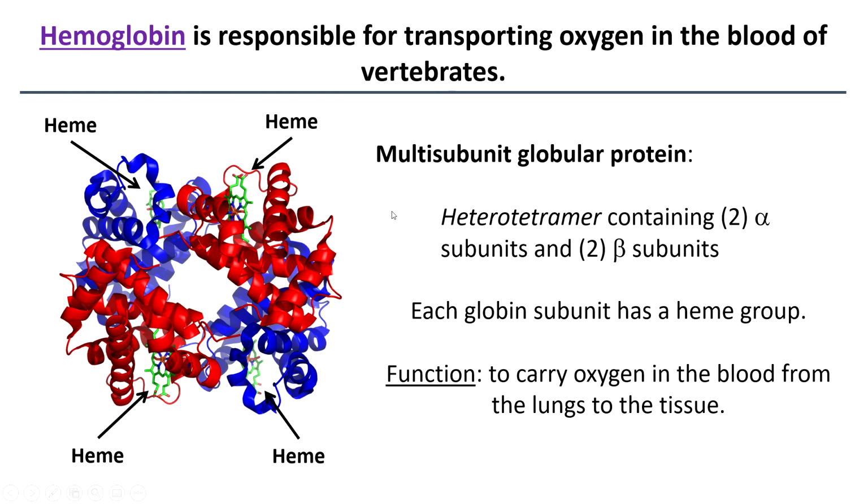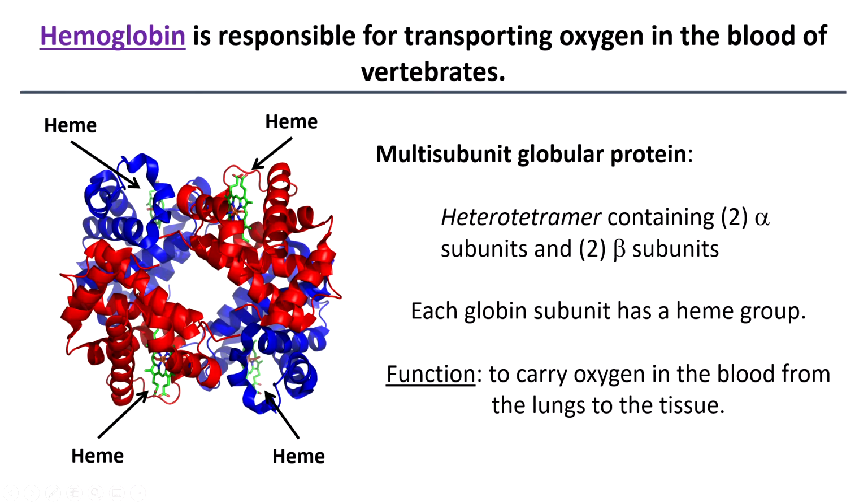Hemoglobin is a multi-subunit globular protein. So it is a globular protein, just like myoglobin, but it has 4 separate subunits. Because it has 4 separate subunits, it's referred to as a heterotetramer. It has 2 alpha subunits and 2 beta subunits.